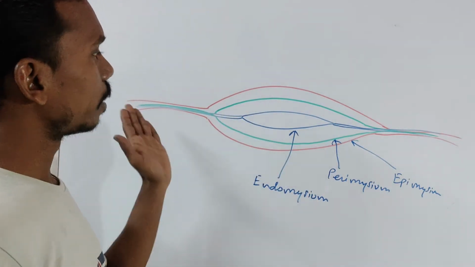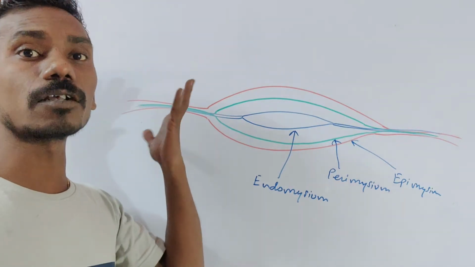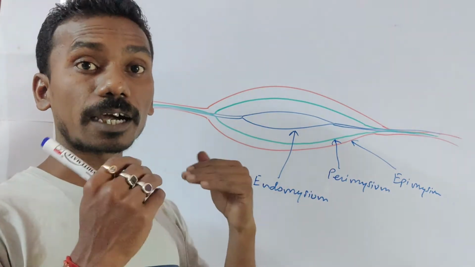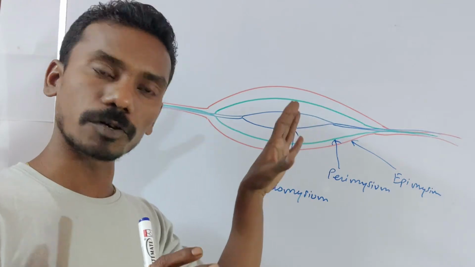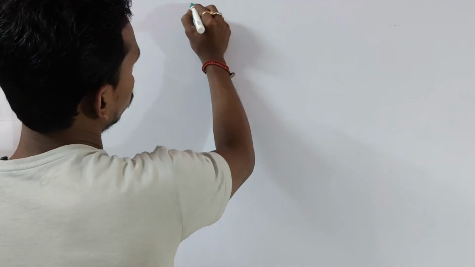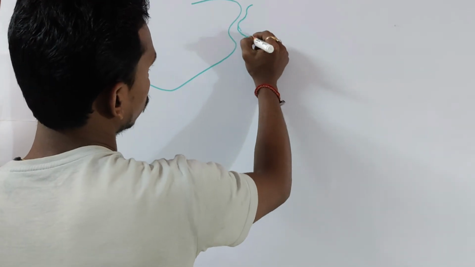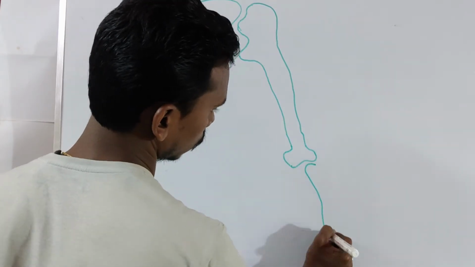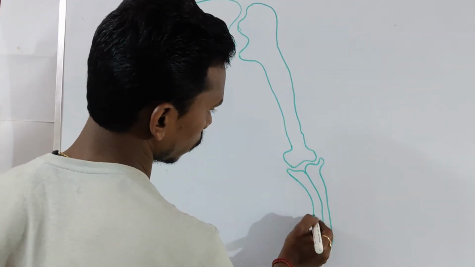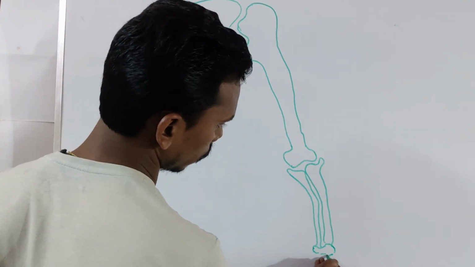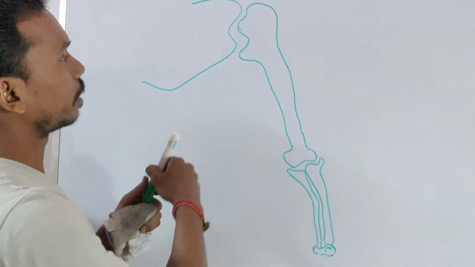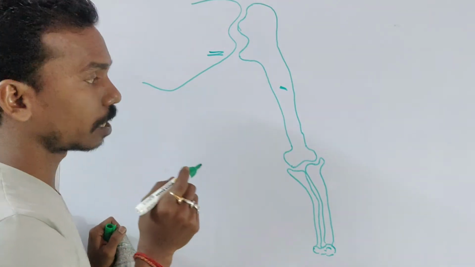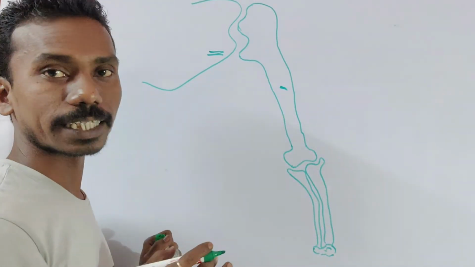Then we'll see these connective tissues prepare the tendons, and we know the tendons are there to connect the muscle with the bones. So how does this work? If we see, this is our shoulder, the bone present in the shoulder, and this one is the humerus, and this is the hand, with the radius and ulna.